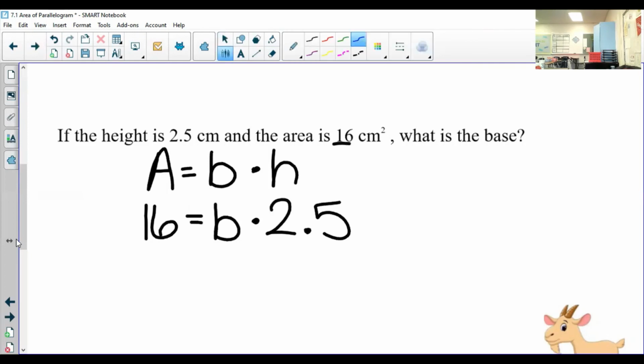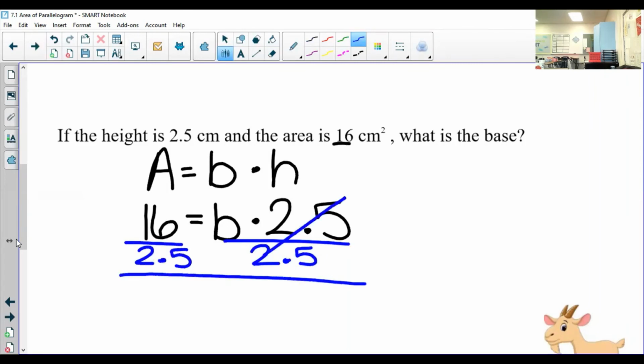And now we can solve, right? The inverse of multiply is to divide. So we're going to divide by 2.5 over here and over here. These cancel. So I have B equals 16 divided by 2.5, which is 6.4.